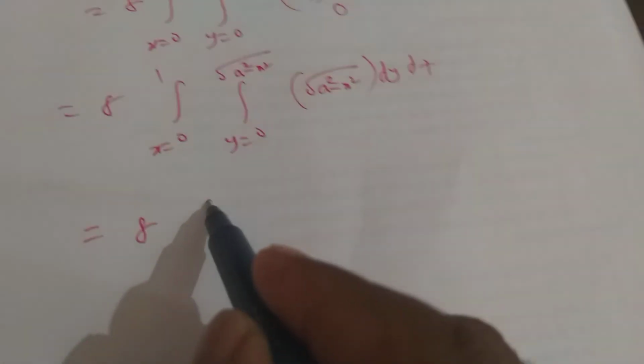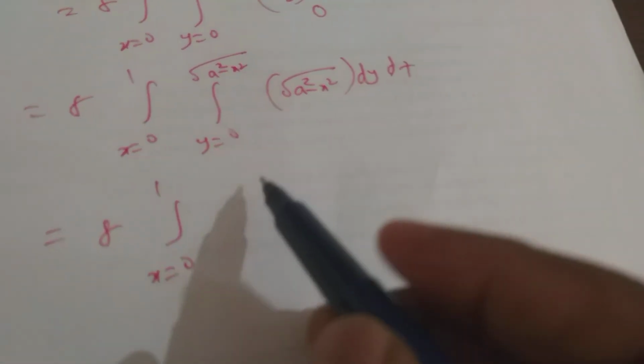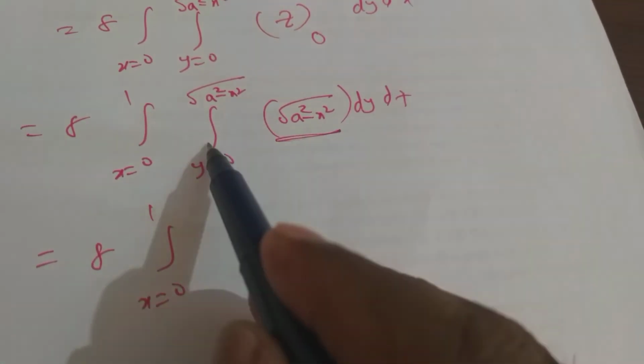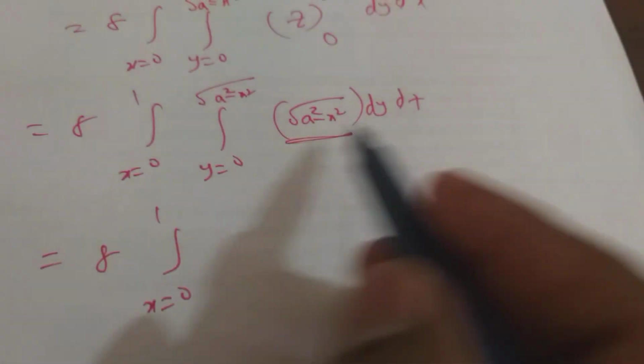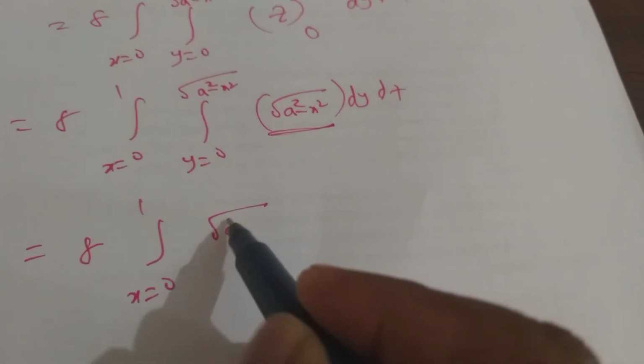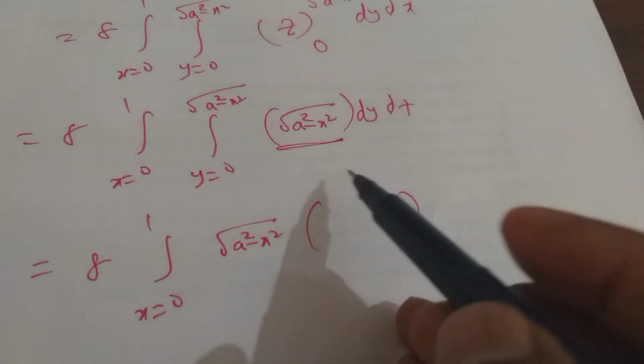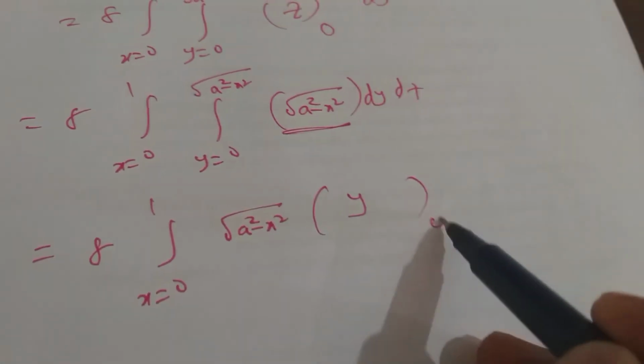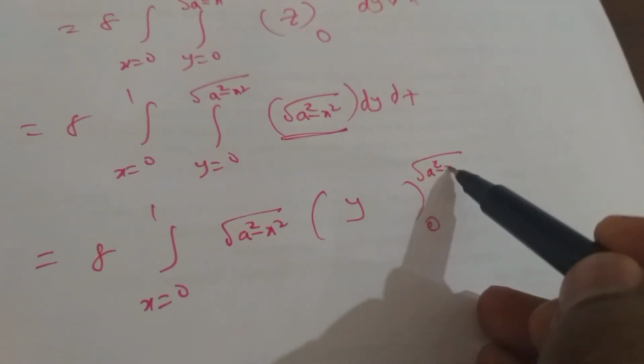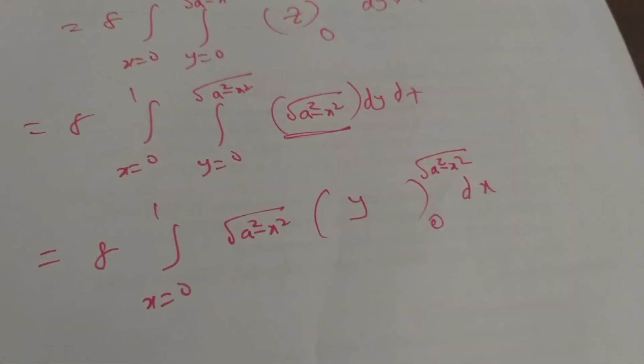Now this is a function of x, and we are integrating with respect to y. While integrating with respect to y, root of a square minus x square is constant, and integrating with respect to y is y from 0 to root of a square minus x square, dx.